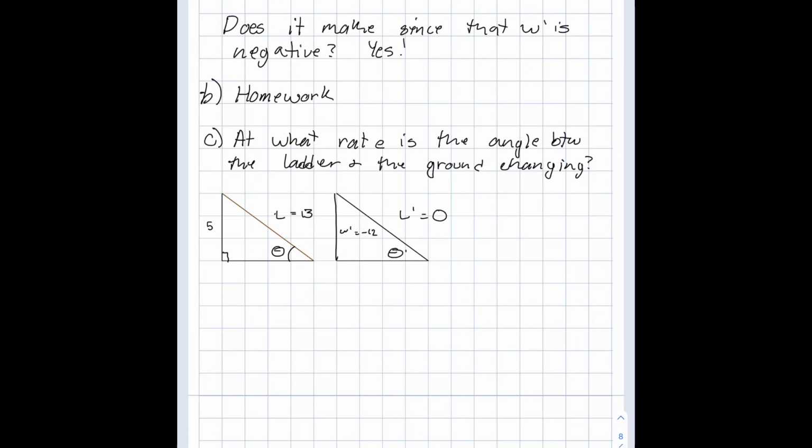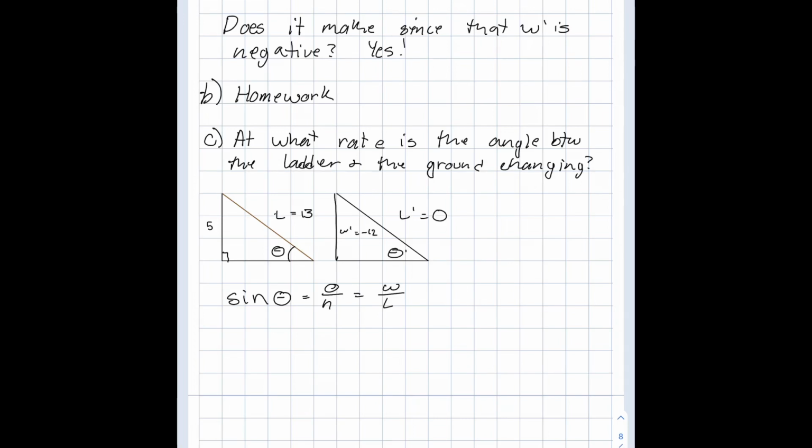What trig function can we use that does opposite over hypotenuse? Right, sine theta. If you remember SOHCAHTOA, I use it all the time. So in our case, the opposite we call W, and the hypotenuse is L. I like to use L here because L is kind of like a constant.